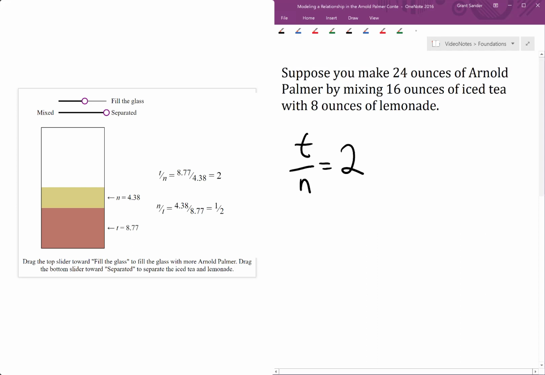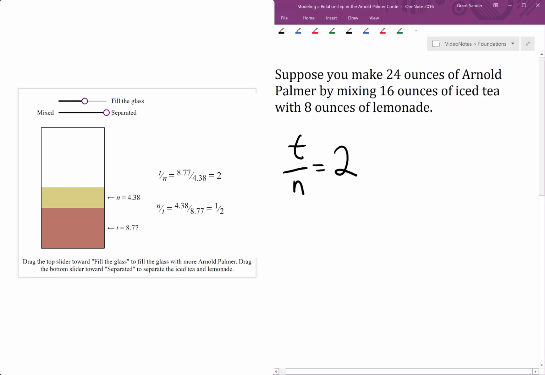So if you say that enough times, the number of ounces of iced tea is 2 times as large as the number of ounces of lemonade, it should feel intuitive that we could write this formula. T is equal to 2 times N, which says that the number of ounces of iced tea is 2 times as large as the number of ounces of lemonade. And therefore, T equals 2 times N, which is a formula that expresses T in terms of N.